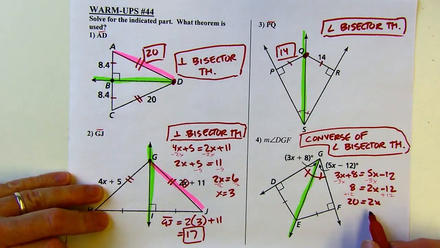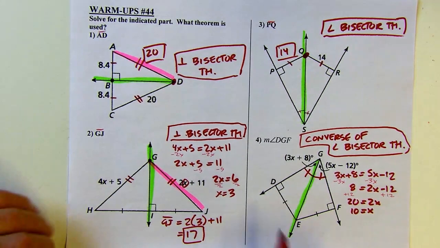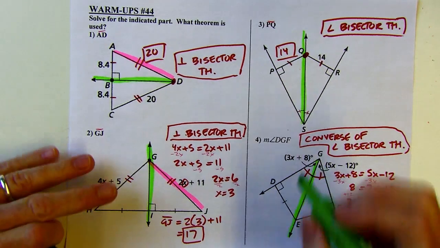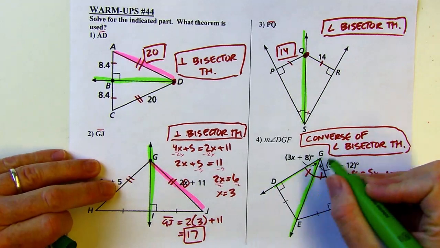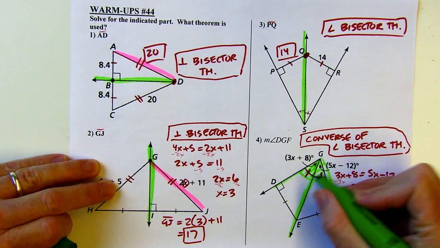And divide by 2, so 20 divided by 2 is 10. So there's x, but it's not asking me for x, it's asking me for DGF. Oh, hey, that's the big angle, so it's asking me for this.